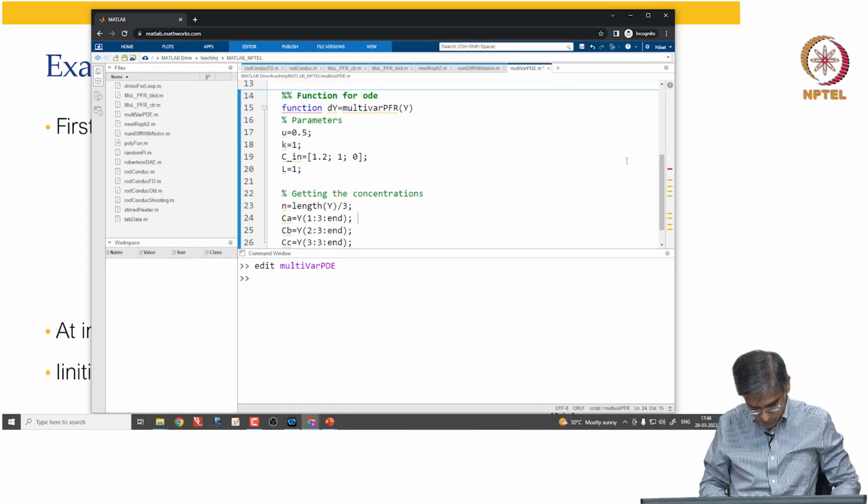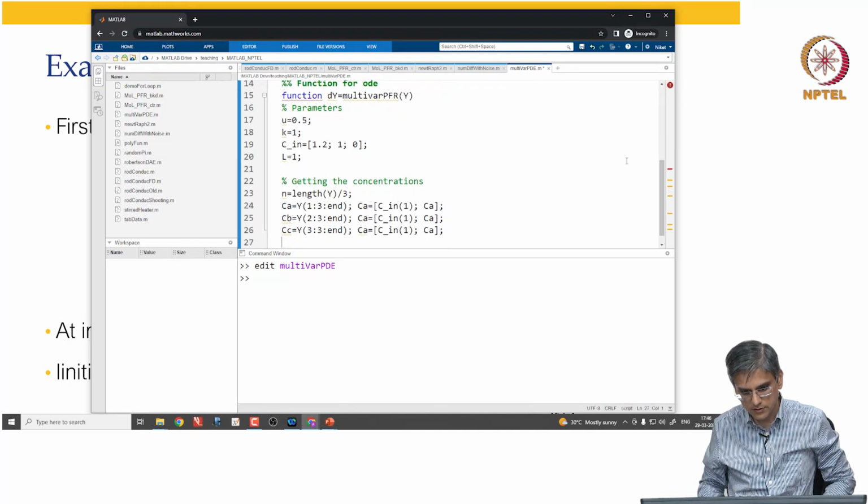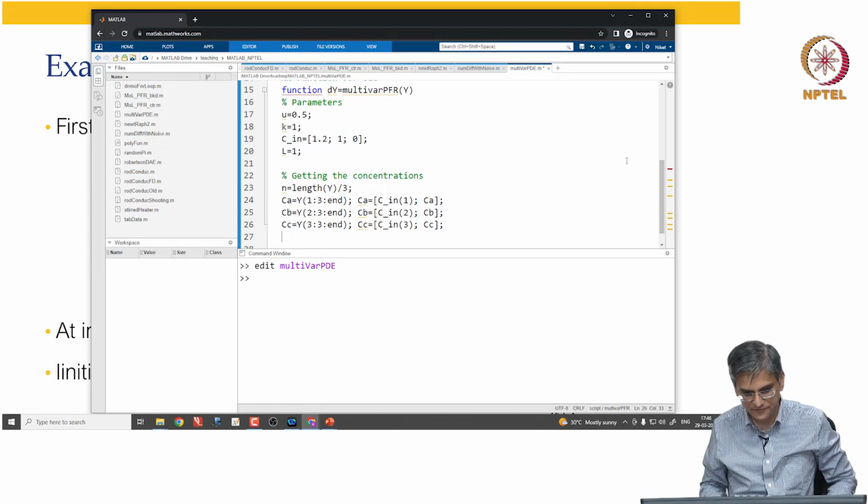So CA is nothing but C in 1. I'll copy this, paste it over here. Same thing with CB. CB is C in 2 followed by CB. CC is C in 3 followed by CC. So this is what we have.